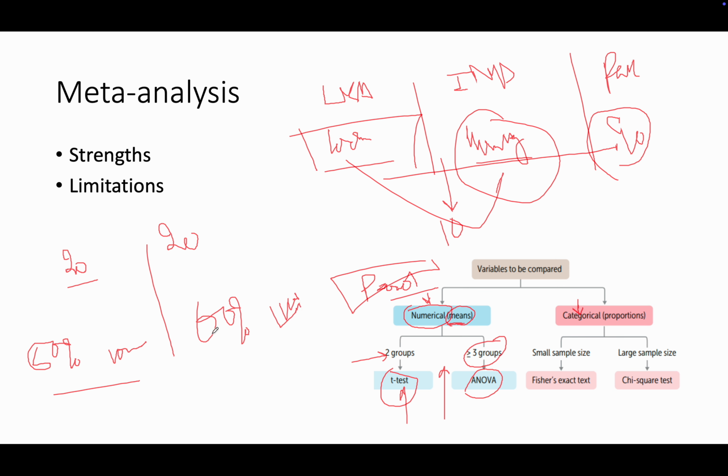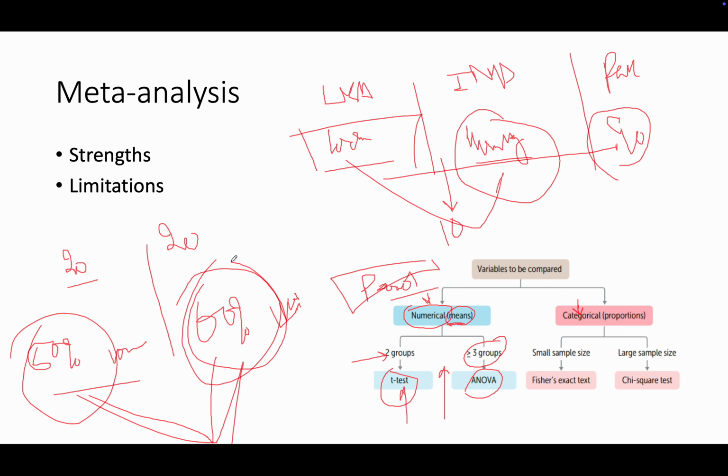If you want to check whether the difference between the two values actually exists or not, these are categorical values, proportions, right? They are not exact numbers.